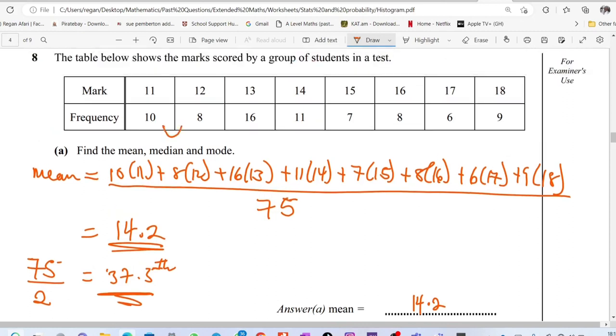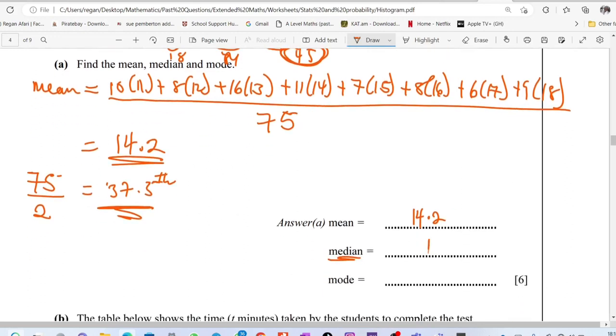So you just add them up. This is about 18. 18 plus 16, and that gives us 34. If we add plus 11, we have 45. So we get our 38th observation right here. And what mark was that? 14. So just put it there.